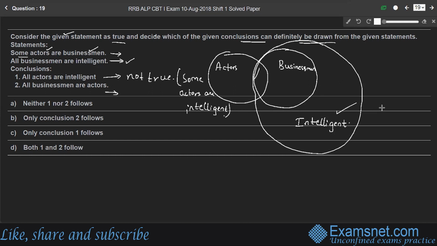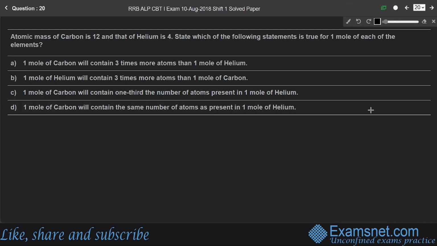Only some businessmen are actors, because some actors are businessmen, therefore some businessmen are actors. All businessmen are actors is not true. Therefore, neither one nor two follows. Option A is the answer.